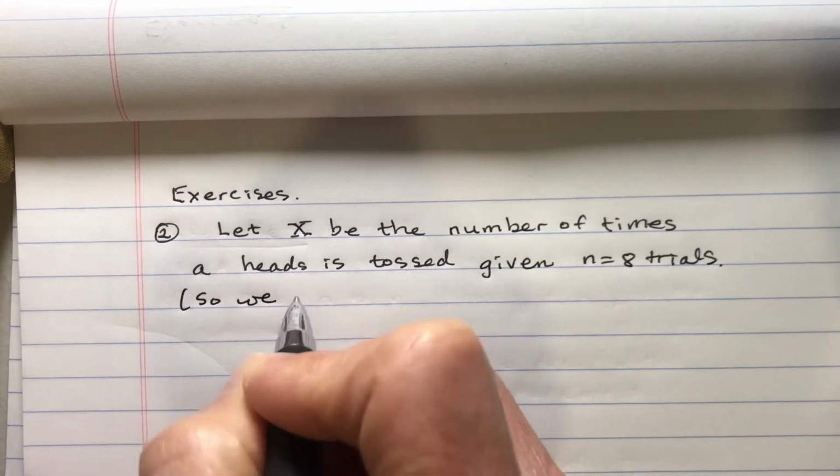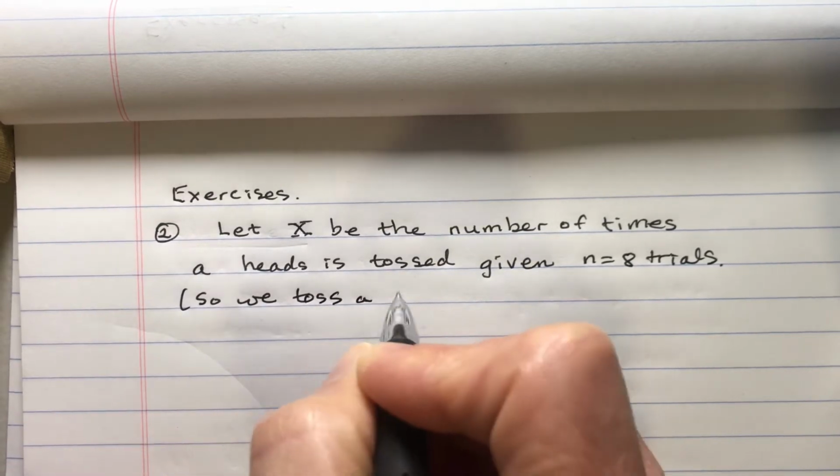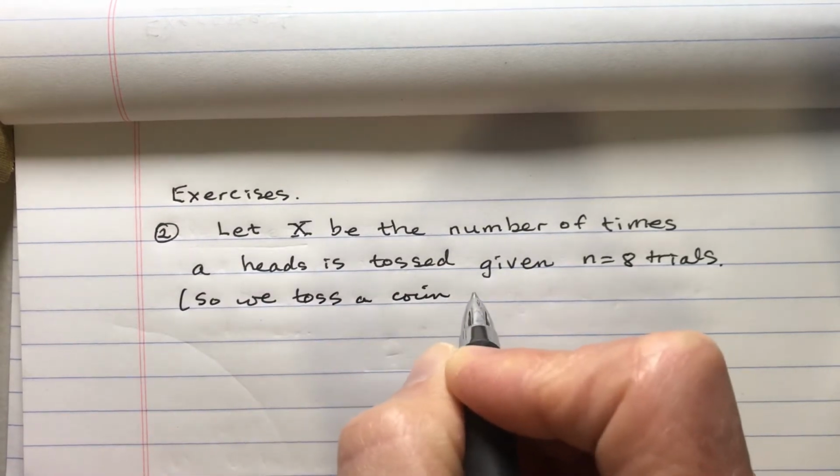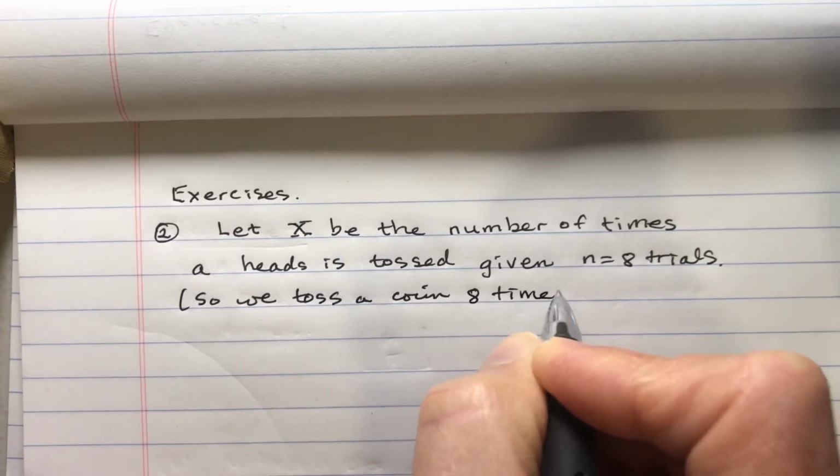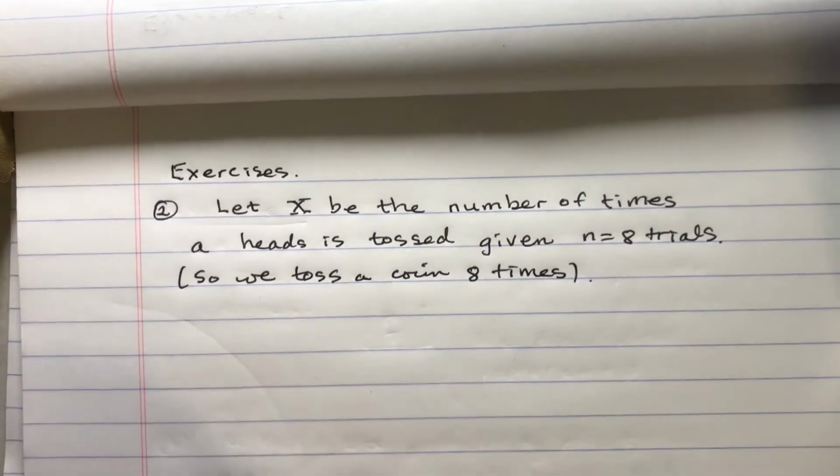So we toss a coin 8 times. That's what we're saying. So we toss a coin 8 times, and each of those times is called a trial.